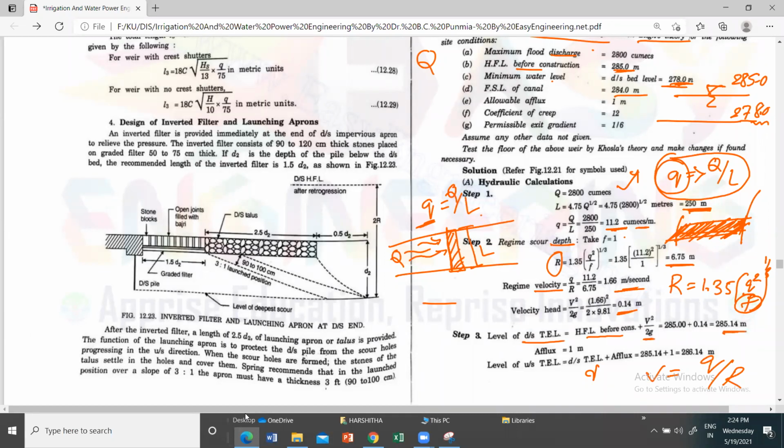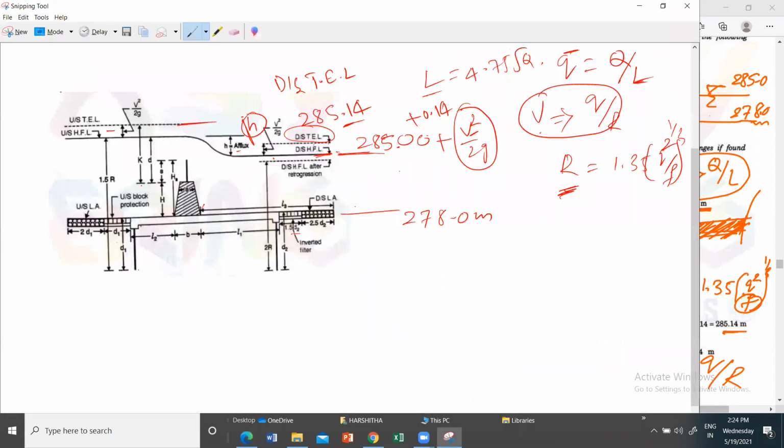Here we are considering the afflux as 1 meter. Assume afflux is equal to 1 meter.